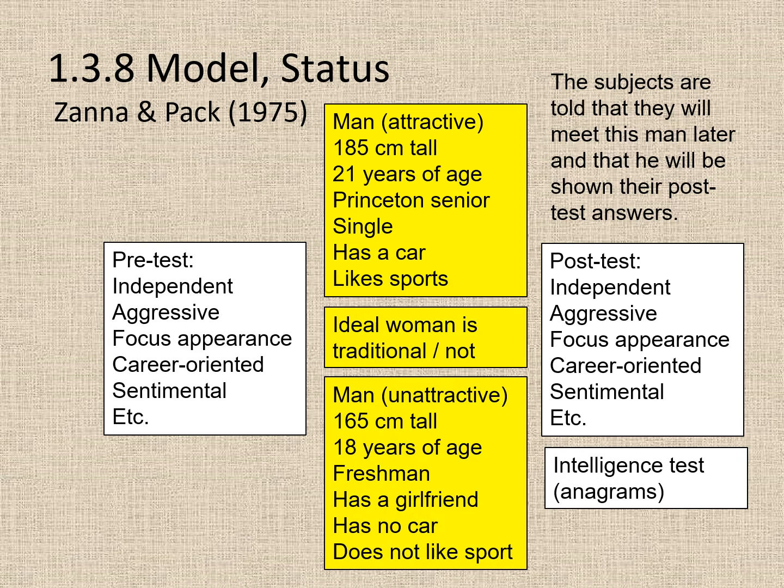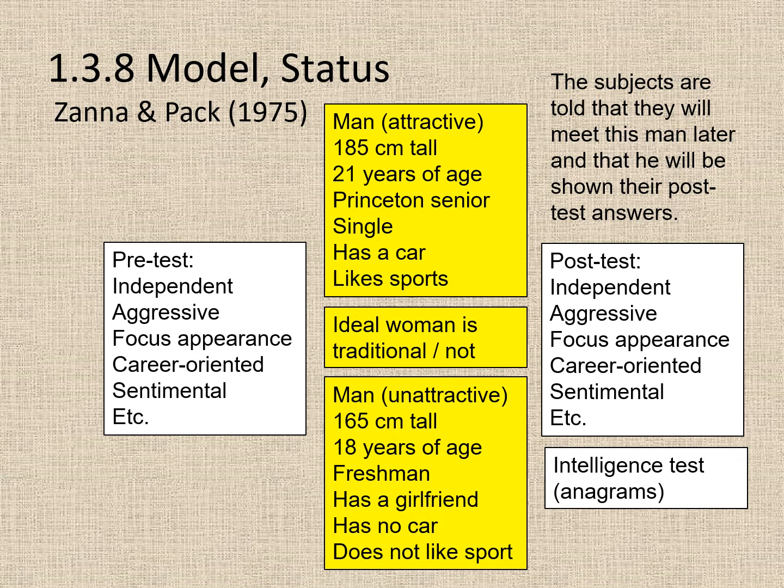Oh, what a loser, we will think, but in the States, oh, he has a car. Important factor here. And he likes sports. Okay. My ex didn't like that I was watching football all the time, but I guess here it means something else. So they call this an attractive man.